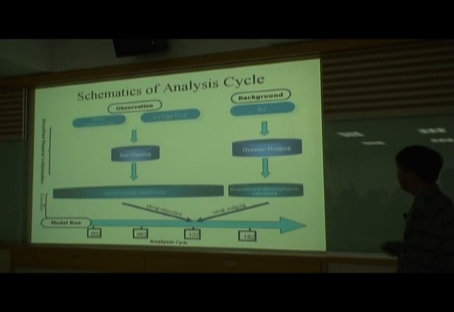But observation is provided by this route. Observation is strongly relaxed, and the background is weakly relaxed. And we use precipitation and OLR data, and we use a rain matching technique. The rain matching technique improves the vertical moisture structure.